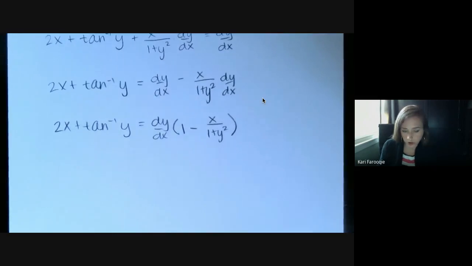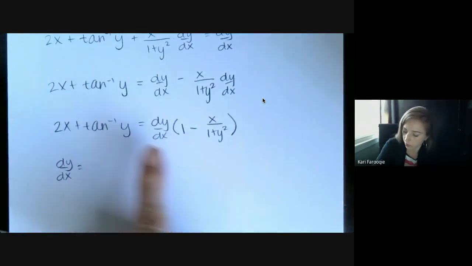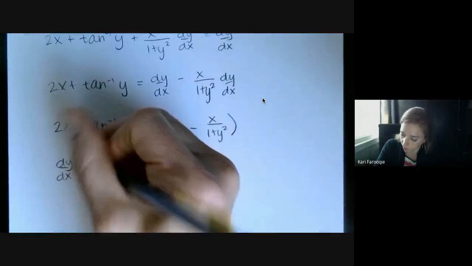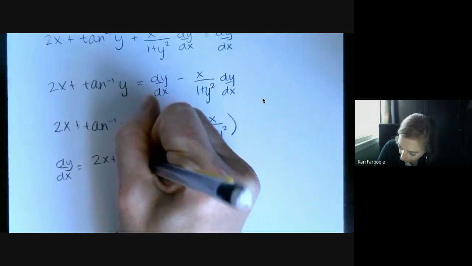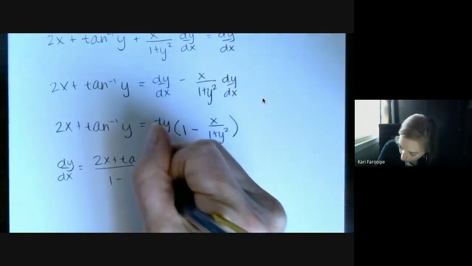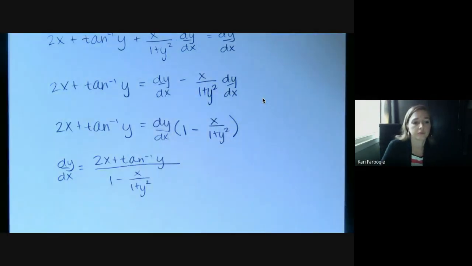And then when we solve, we're going to divide both sides by 1 minus x over 1 plus y squared. Okay, now officially, by the way, this is not simplified because it contains a complex fraction.